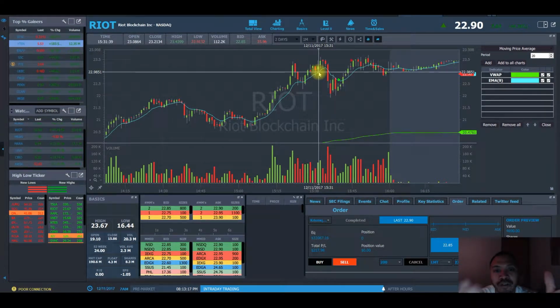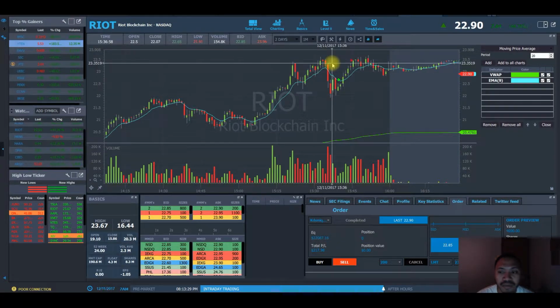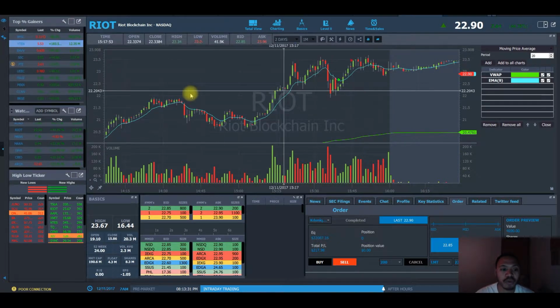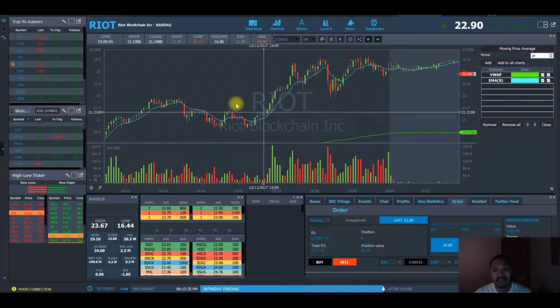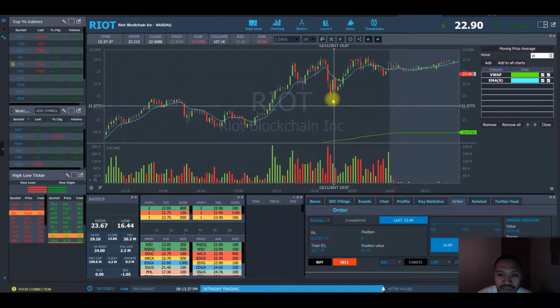Like this is intraday, right? This is not the daily chart. Daily chart would be like if we were looking at the monthly, the weekly, the yearly chart. That's considered daily when you can see the days trade for the day. This is the intraday because we're intraday trading the stock moving in the day.